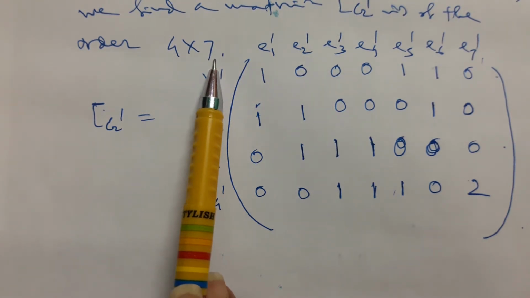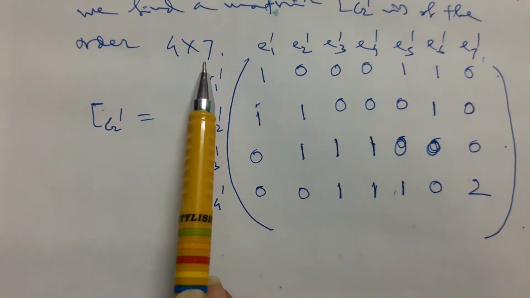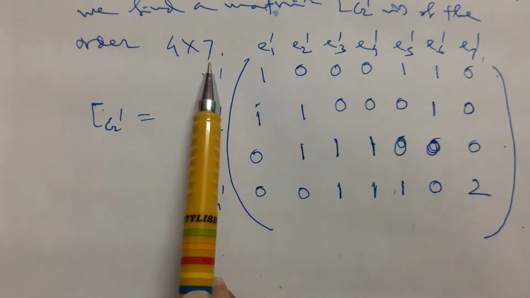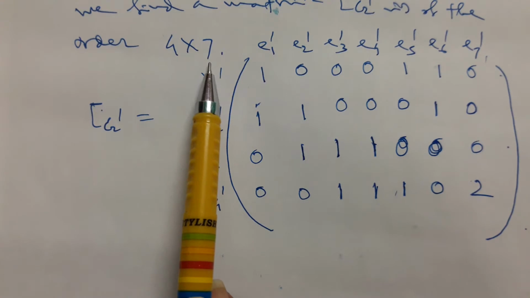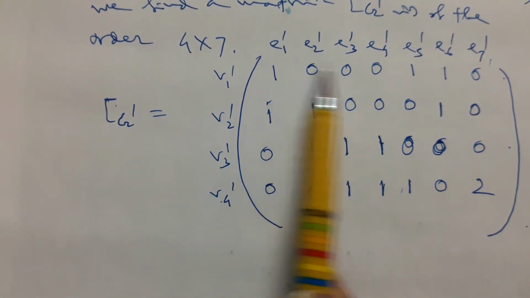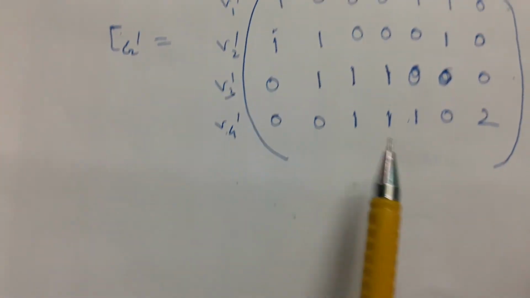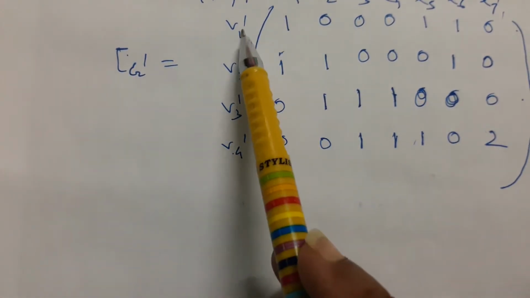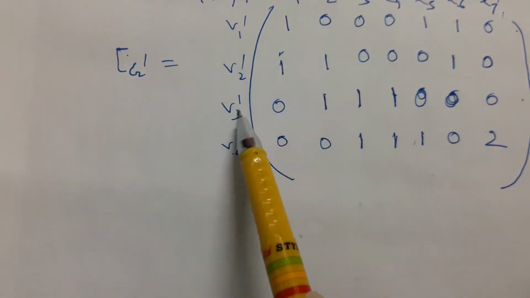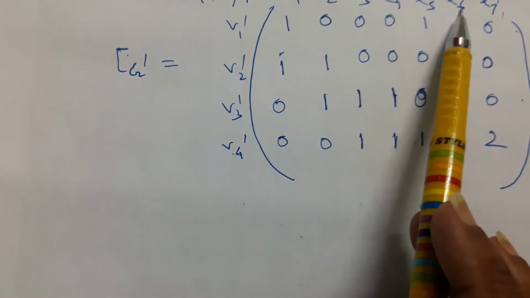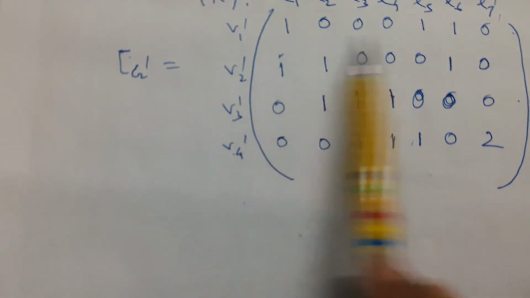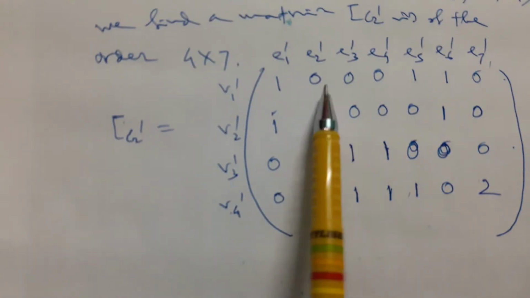So I(G') is given in this way, the corresponding incidence matrix. And if we change the order, the matrix will change. If we change the ordering of the vertices and the corresponding edges and follow the same process, we construct a different matrix for a different order.